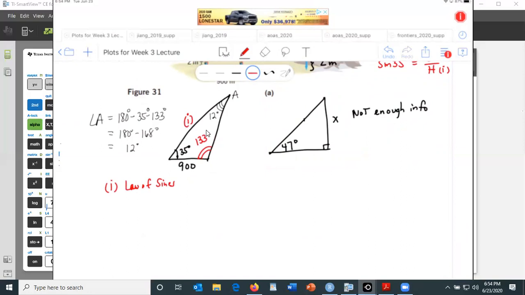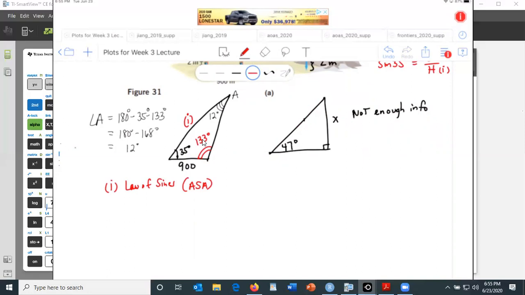There's no right angle. I need the law of sines because I have angle, side, angle information. Look at the bottom of the triangle: that's angle, side, angle. It's also technically angle, angle, side. So you might be thinking that. It's actually both: angle, side, angle, and angle, angle, side.